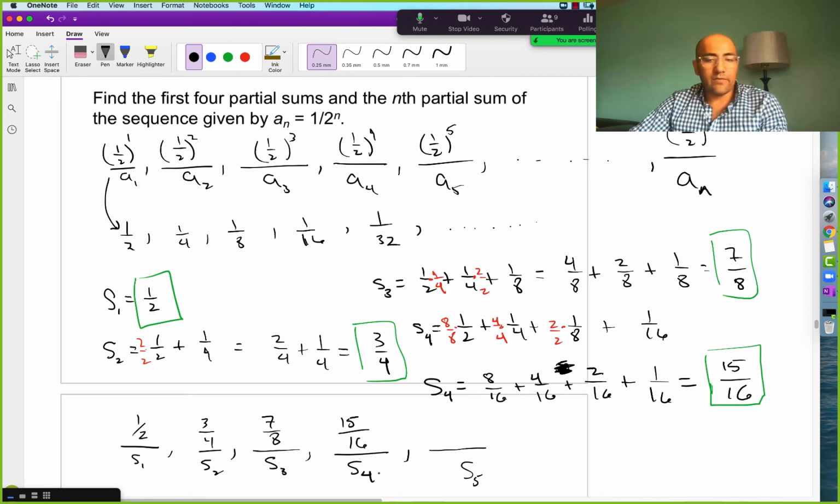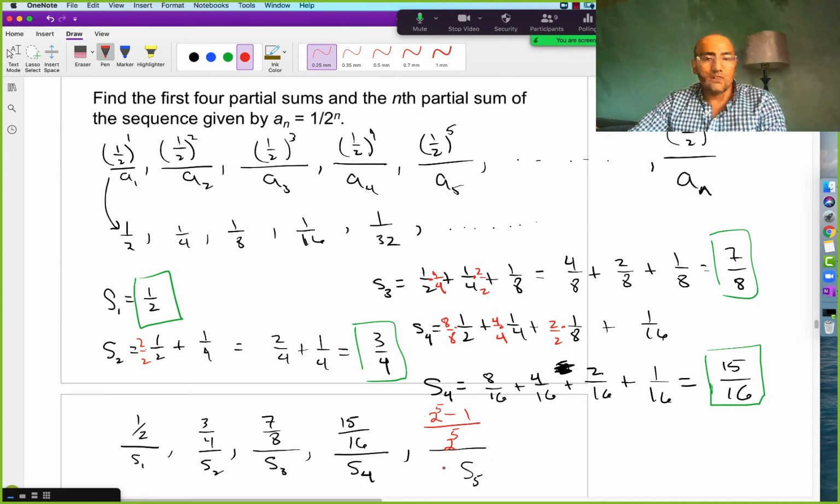So there's a nice pattern that emerges there. So I'm going to guess that the next one here is going to be equal to 2 to the power of 5 in the denominator. And that's going to get me to 32, right? Because it's powers of 2. And then in the numerator, it's always 1 less. So I'm just going to say that the numerator is 2 to the power of 5 minus 1 as well.